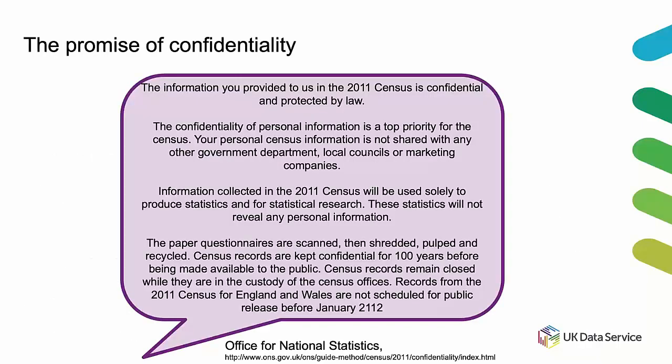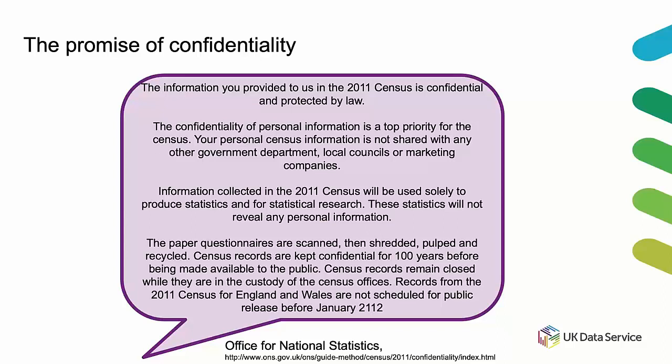The Office for National Statistics promises confidentiality, promises that upfront on the forms. So respondents are assured that their data will remain confidential for 100 years. There's a legal obligation for the census agencies to not make that data available unless it is non-identifiable.